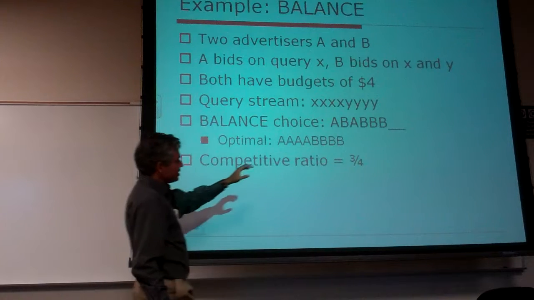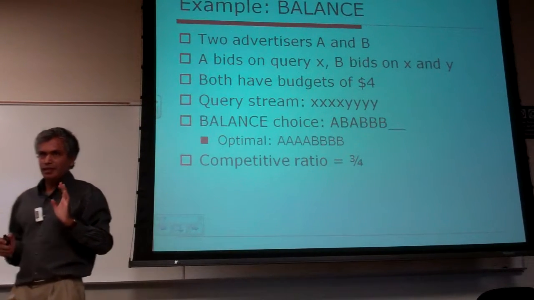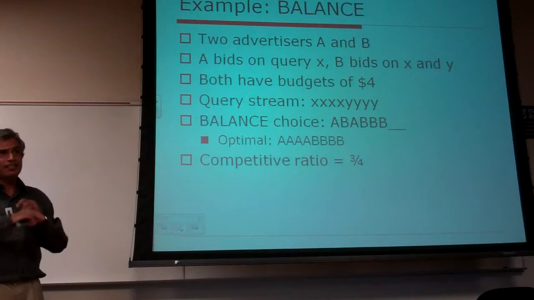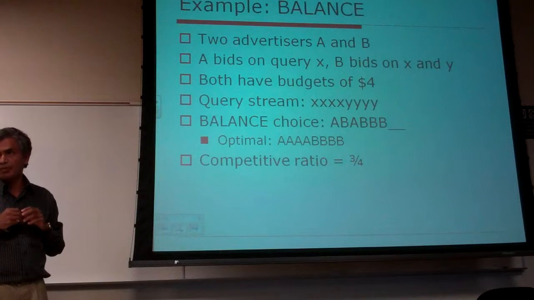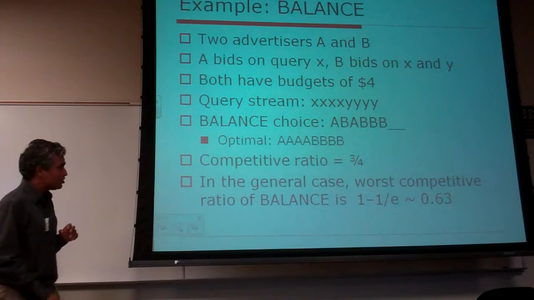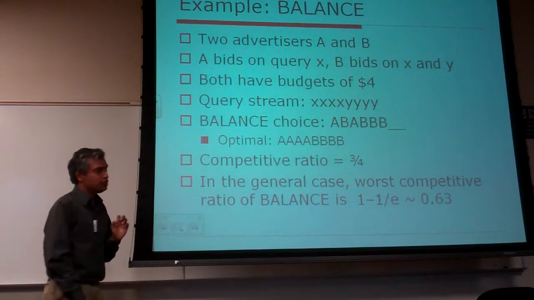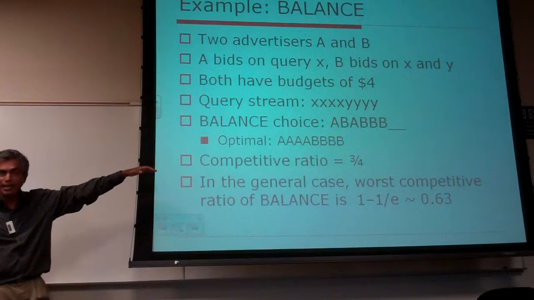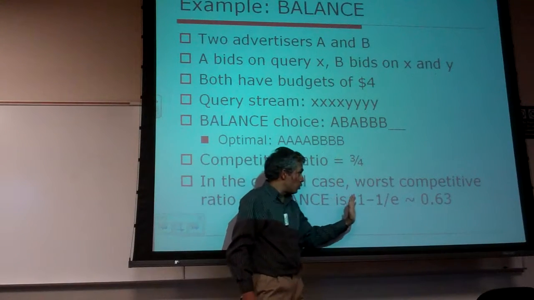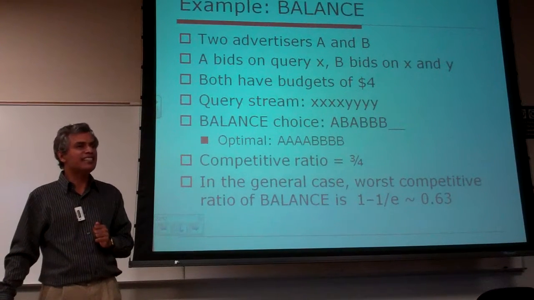So the interesting thing is this idea. Anybody can, not anybody, but you probably could have thought about this. There's a paper based on this idea and its generalization in JSCM, which is the topmost journal in computer science. The reason is they also show that in the general case, the worst competitive ratio for this idea, that is using the remaining balance of the budget, would be around 1 minus 1 over E, or 0.63.